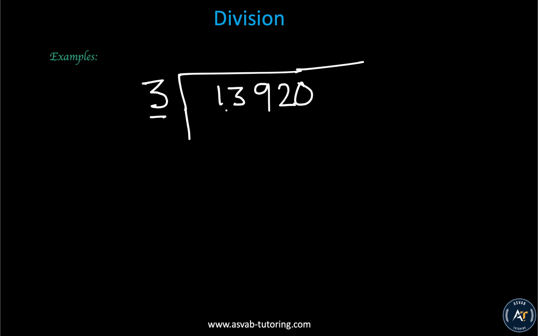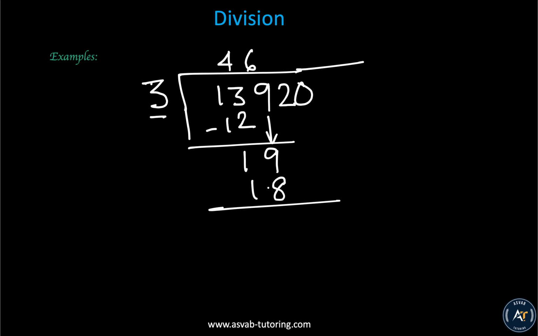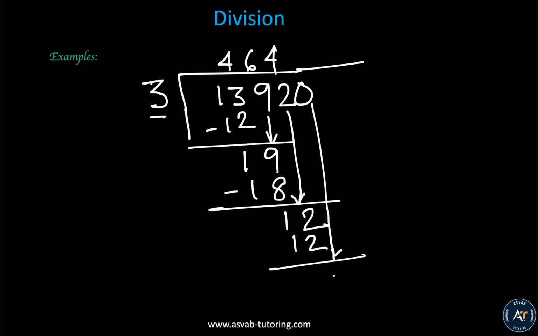So how many times does 3 go into 13? 4 times. So 3 times 4 is 12. Subtract it, you get 1. Bring this 9 down. How many times does 3 go into 19? 3 times 1 is 3, 3 times 2 is 6, like that. That goes 6 times actually. So 3 times 6 is 18, right? Subtract it, you get 1. Bring this 2 down. 3 goes into 12 4 times, which is 12. Bring this 0 down. 0 divided by 3 is 0. Okay.